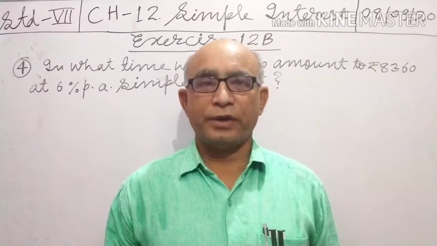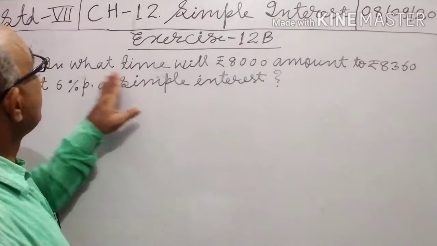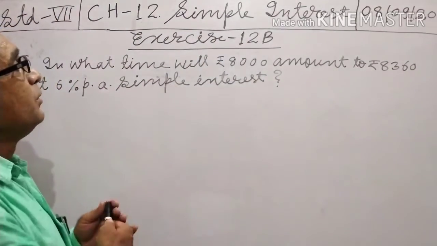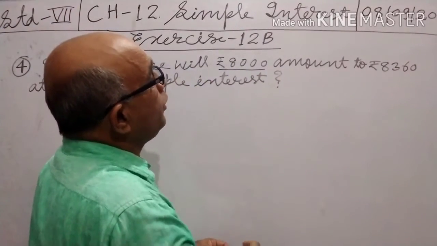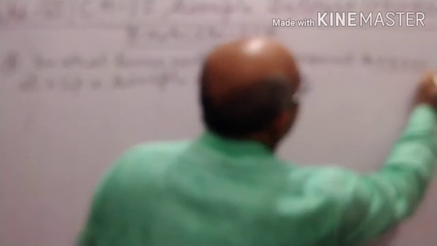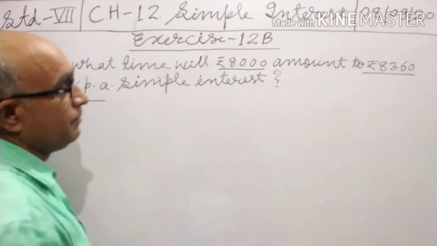Understand and write it. Students, next question is question number 4. In what time will rupees 8,000 amount to rupees 8,360 at 6% per annum simple interest?